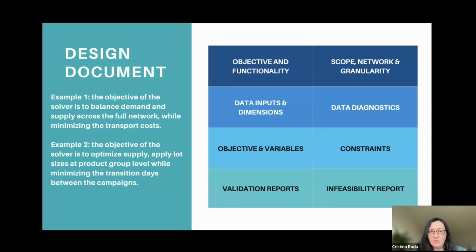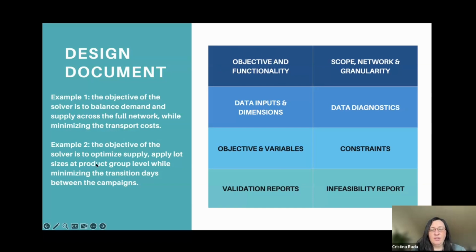And we need to capture all this, let's say, operational details from the beginning, because this then is how the design document gets shaped, right? So I wrote here objective and functionality.